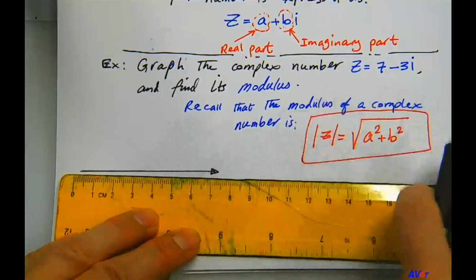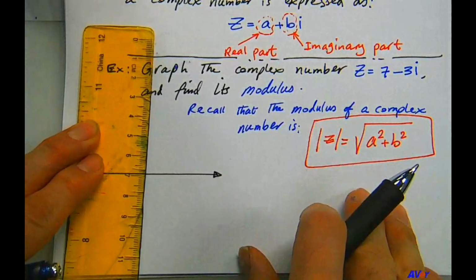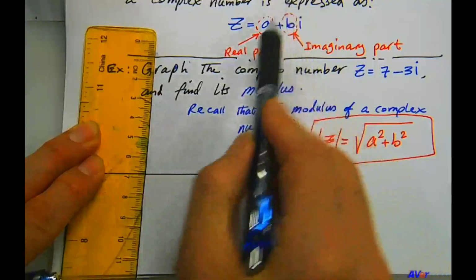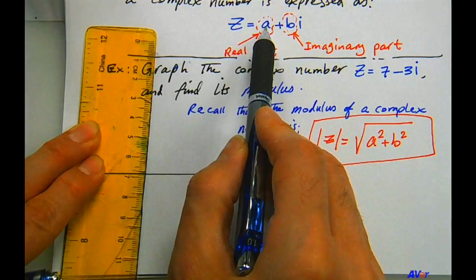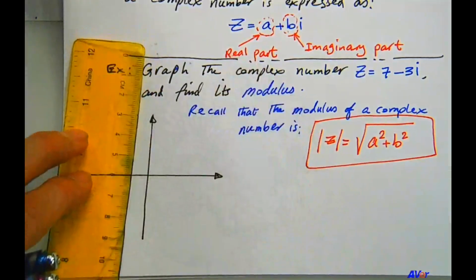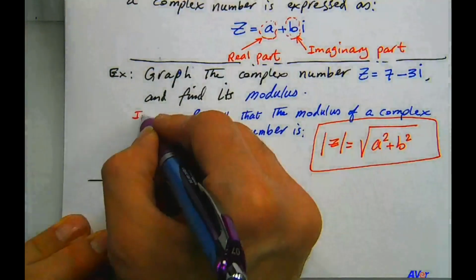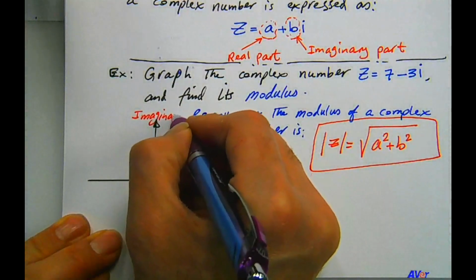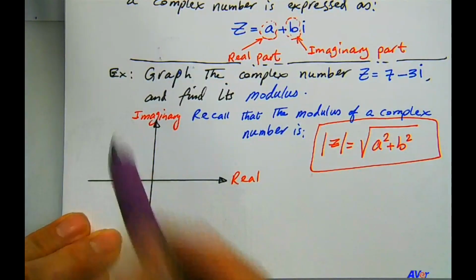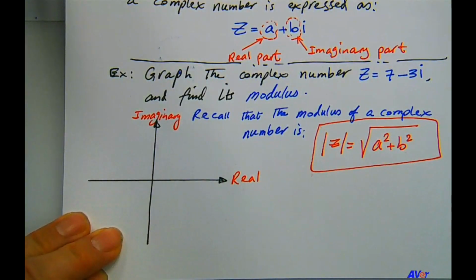So this horizontal axis will be called the real axis, or the axis where we can plot the a part, and the vertical axis is the imaginary axis. So x, y are now the real axis and imaginary axis respectively.